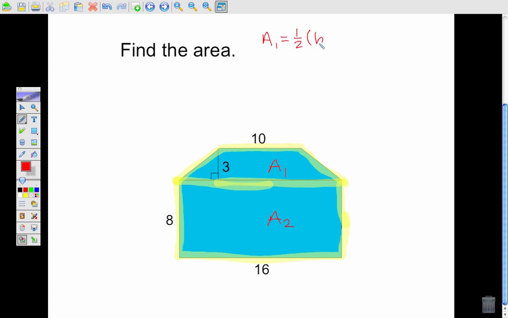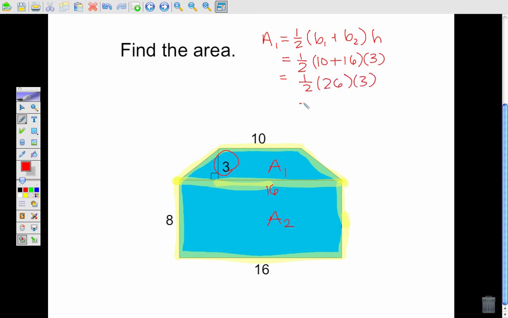So let's start with A1. We have a trapezoid. So we have 1/2 times base 1 plus base 2 times height. So 1/2, the base 1 is 10, base 2 is 16, and our height is 3.